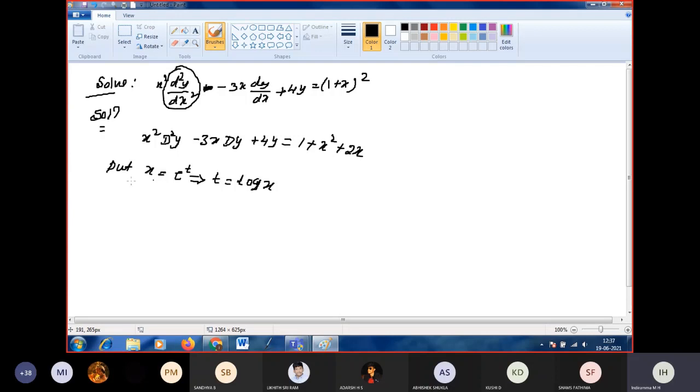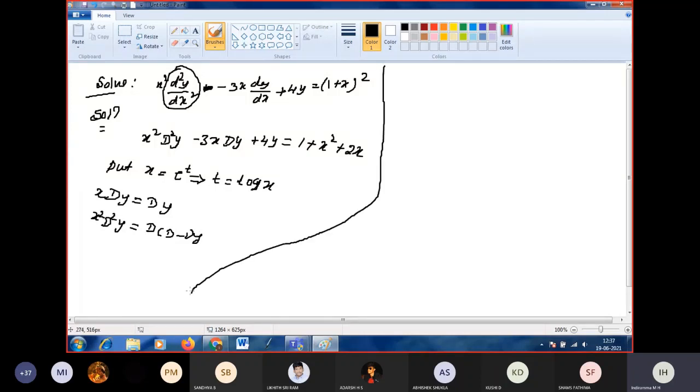Then what is x dy? It is Dy. Next, what is x square d square y? It is D into (D minus 1) y. Therefore, the given differential equation is reduced to the following.